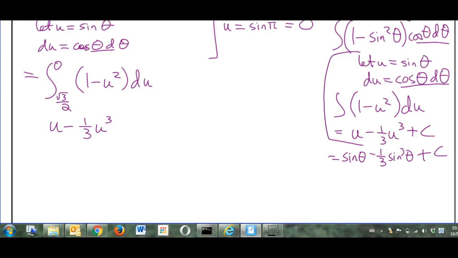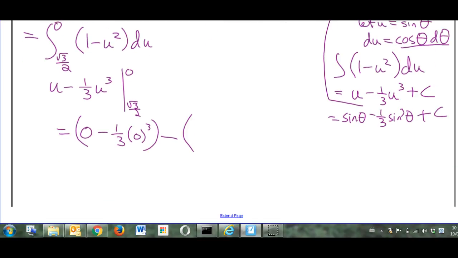We want to do that from a lower limit of root 3 over 2 to an upper limit of 0, which will be equal to 0 minus 1/3 of 0 cubed, minus root 3 over 2 minus 1/3 root 3 over 2 quantity cubed.